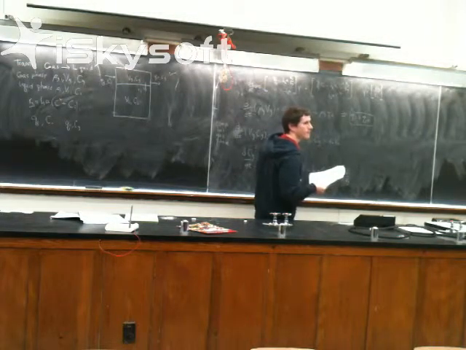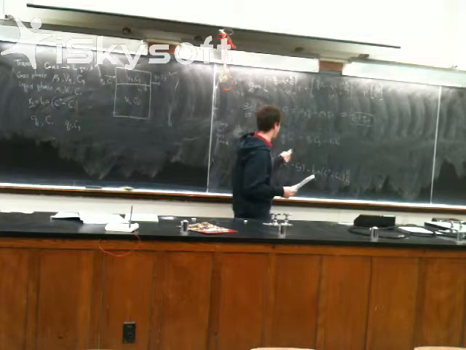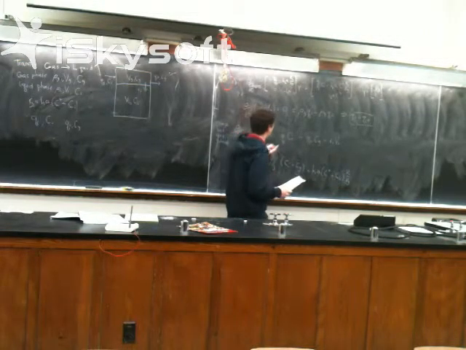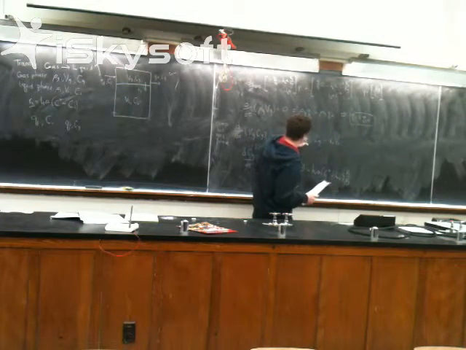But this is where you have to use this piece of information. He only wanted it in terms of QI in his answer, so whenever we saw Q naught, we substituted in QI.